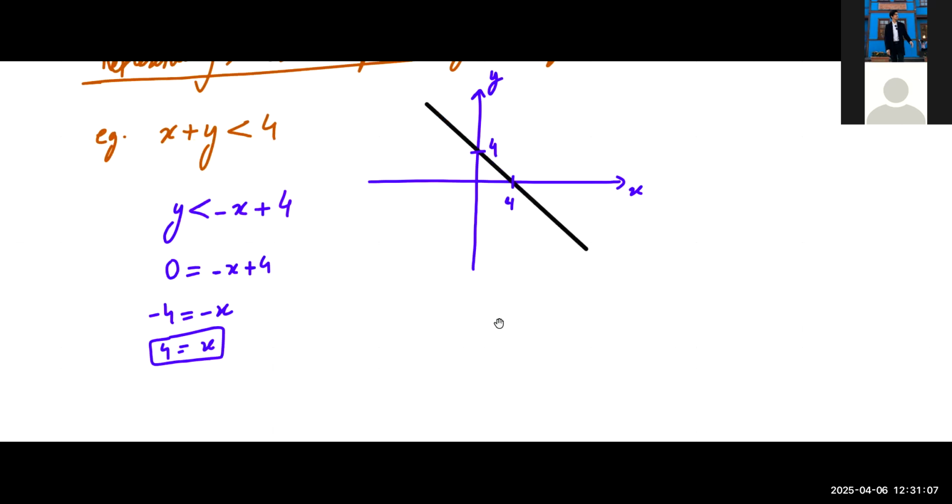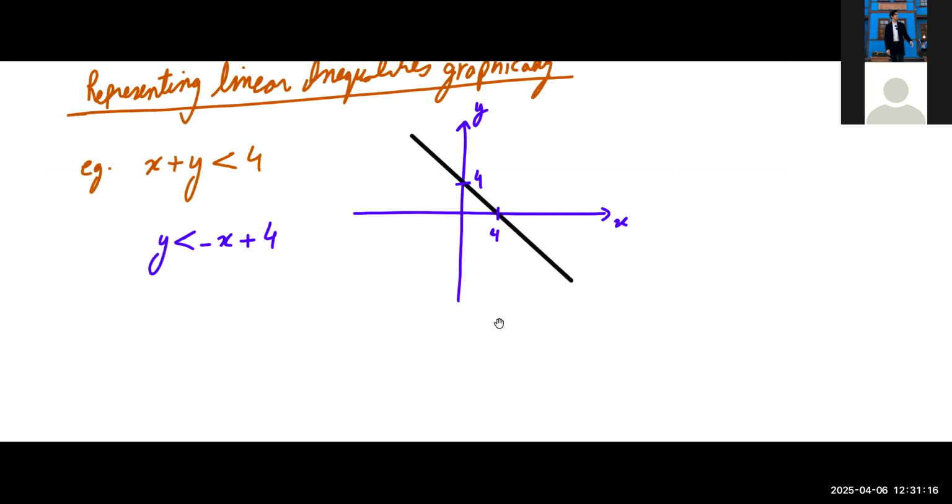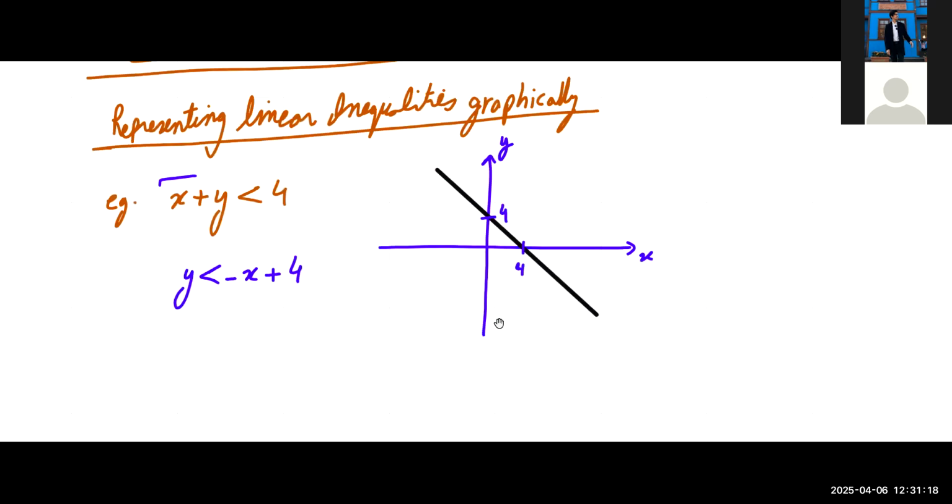Is everything making sense, by the way, so far? Yes. Okay, perfect. Now, here's a little trick to be faster. If you ever see an equation of this form, just x plus y and just a number, not 2x plus y, not 5x minus 3y, just x plus y is equal to a number, your line will always look like this.